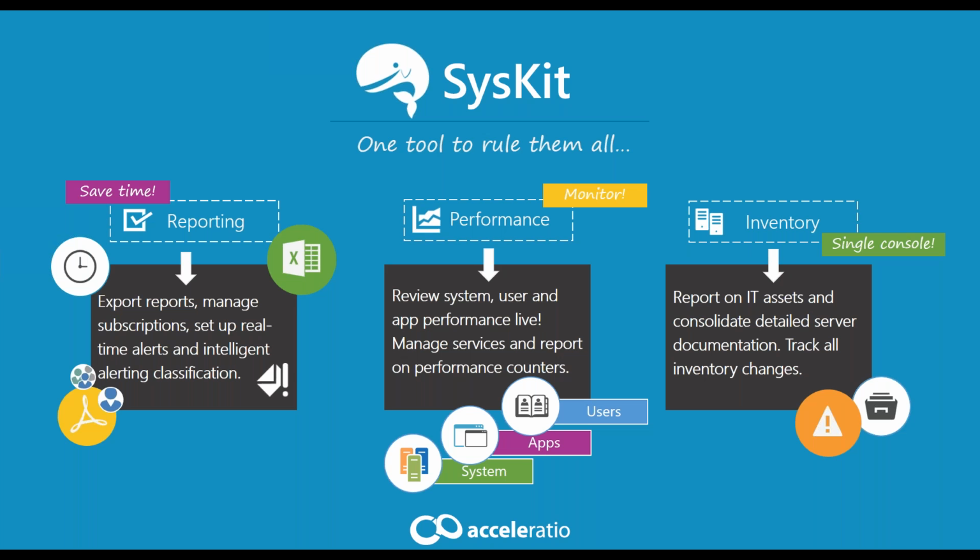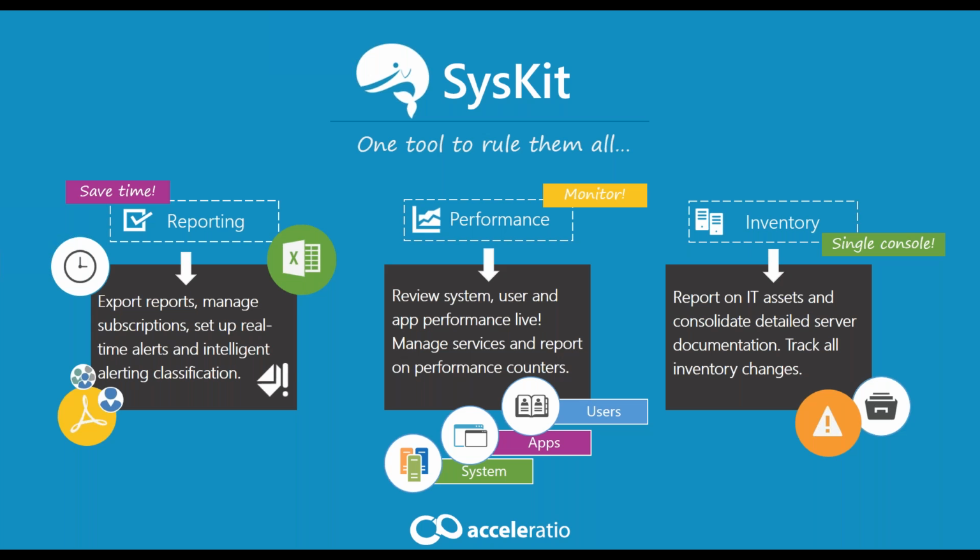With more details on SysKit, all reports can be exported to PDF or Excel for better presentation value. You can set up intelligent alerts, and they will notify you whenever something unusual happens on your servers. It is very important to pinpoint the performance monitoring feature, which enables you to track all existing performance counters and services for all server roles, meaning SQL, web front-end server, search server, all of them.